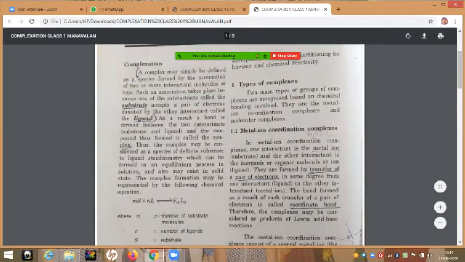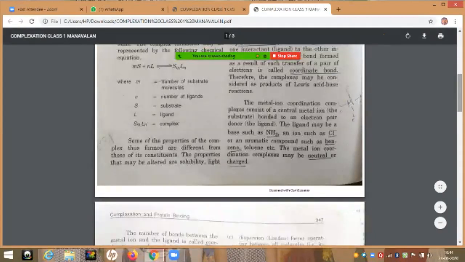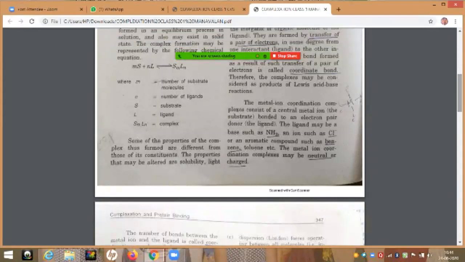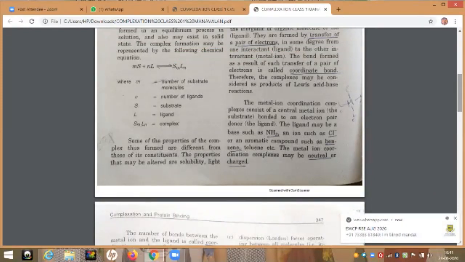Now, I told you in the beginning that we require this kind of complexation because it has the ability to change some of the properties of the constituents. That is, the complex will have changed properties.